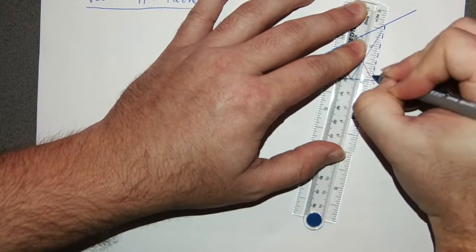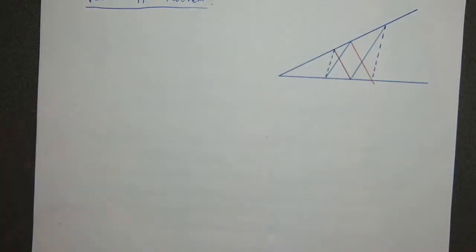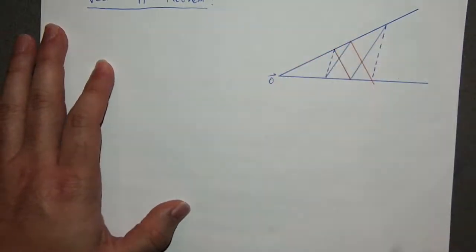So let's slap labels on these. This is the statement of vector Pappus. So this is the 0 vector.